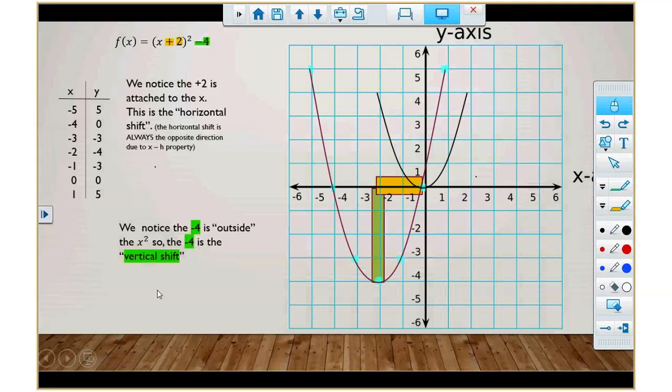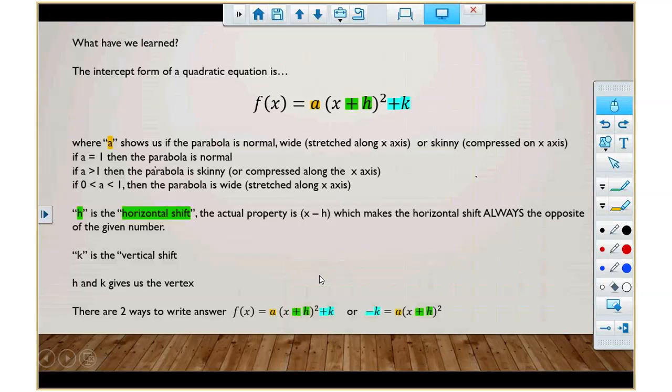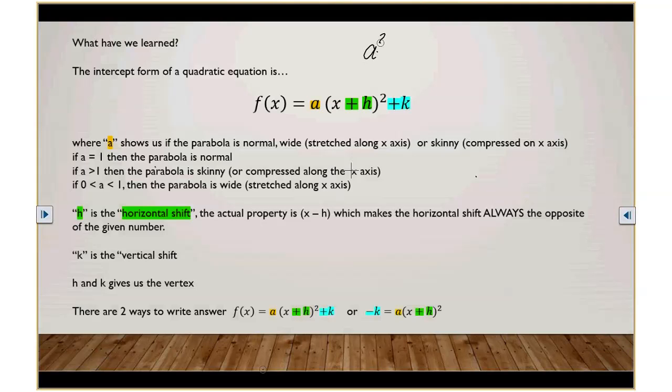I'm sorry, I've got to do my leader lines. There's my horizontal shift, and I'll throw that in there for y'all. Okay? So, whenever you see a quadratic, it's usually written like this. Oops, sorry.